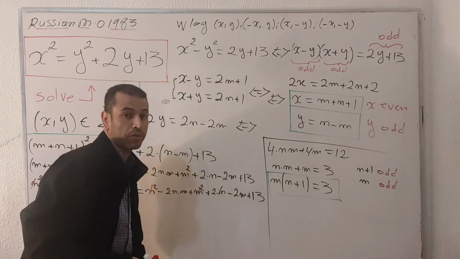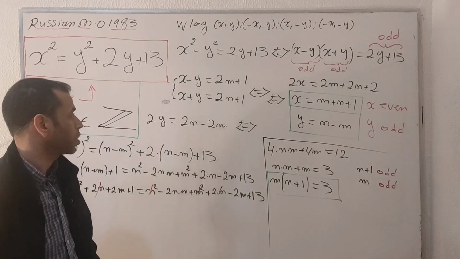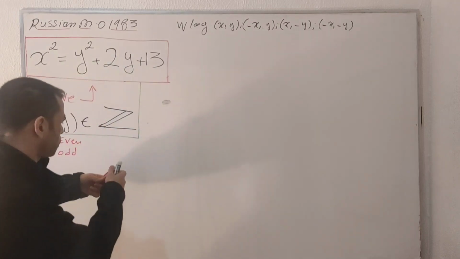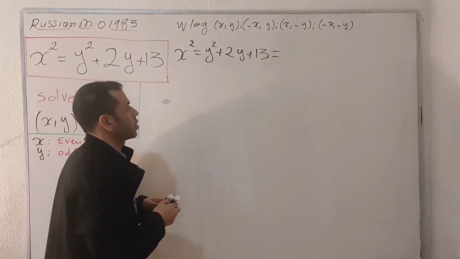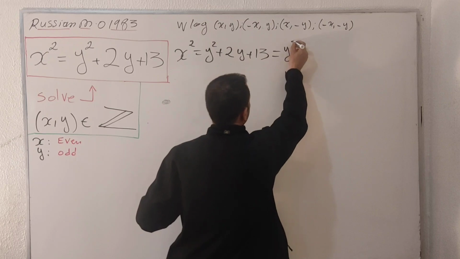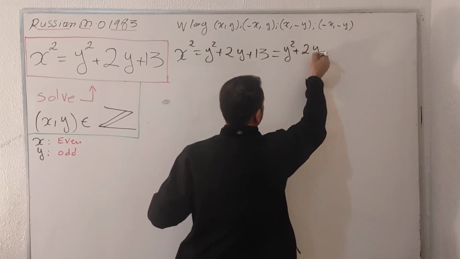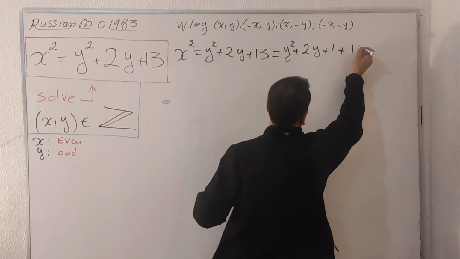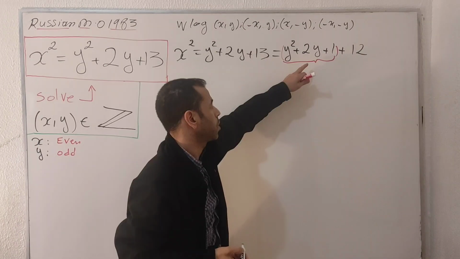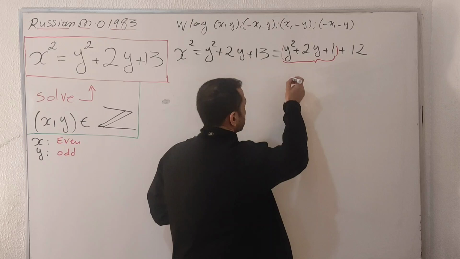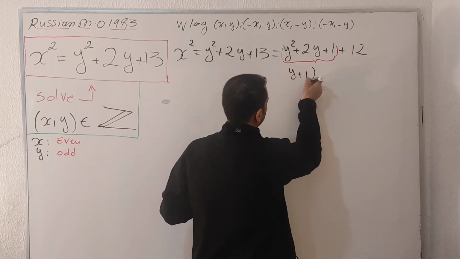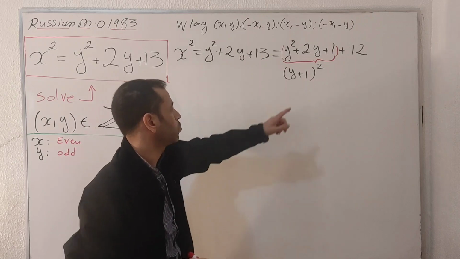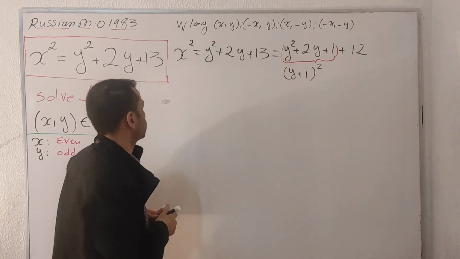Now I'm going to clean up this board and continue solving our equation. Now I'm ready to solve this equation. So I have this expression. I can rewrite this as y squared plus 2 times y plus 1, plus 1 plus 12. Okay, now I can rewrite this term as (y plus 1) squared. Then I'm going to move this term to the left hand side of this equation.